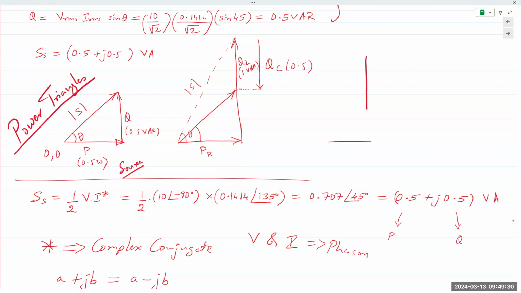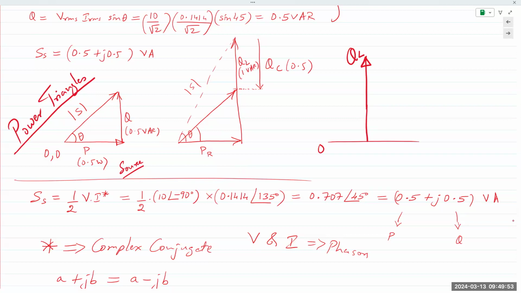Q_L, if this is 0, this is 0, Q_L points straight up, right? Q_L points straight up. If these were two resistors, they would add up linearly, right? Two resistors, meaning one resistor requires 1 watt and the second resistor requires 0.5 watts.